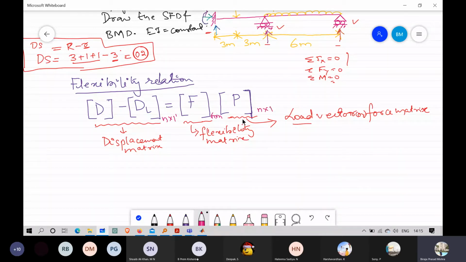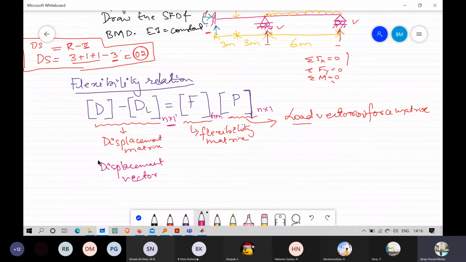Instead of displacement matrix, since it is a column vector, I will call it the displacement vector.